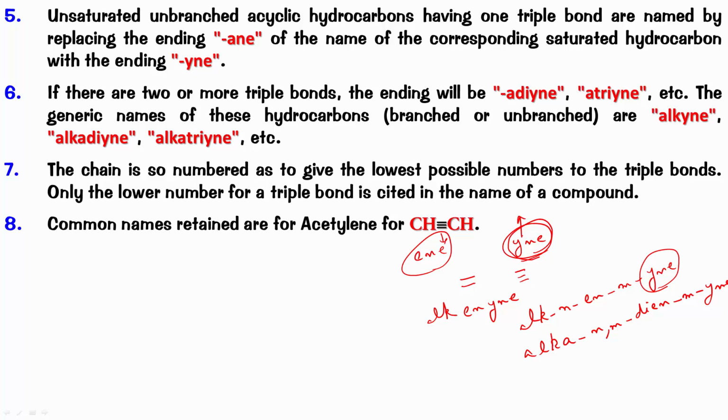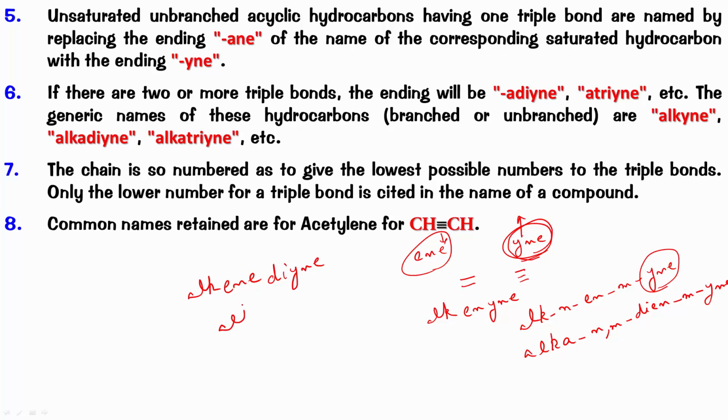Now suppose there are two triple bonds and one double bond. Since there are two triple bonds, it is going to be diyne. Now diyne definitely doesn't sound like it begins with a vowel, so I'm going to retain the e of the alkene. So this is going to be alkenediyne.